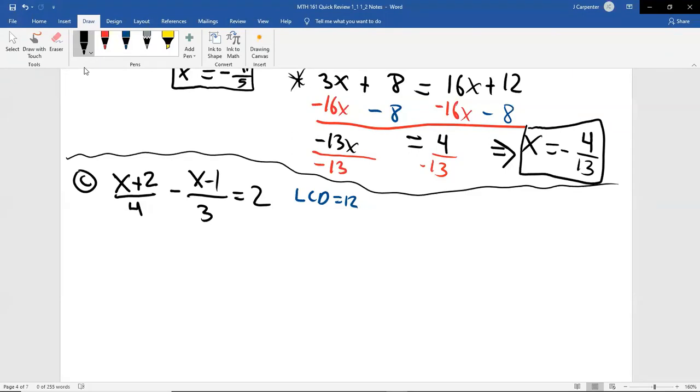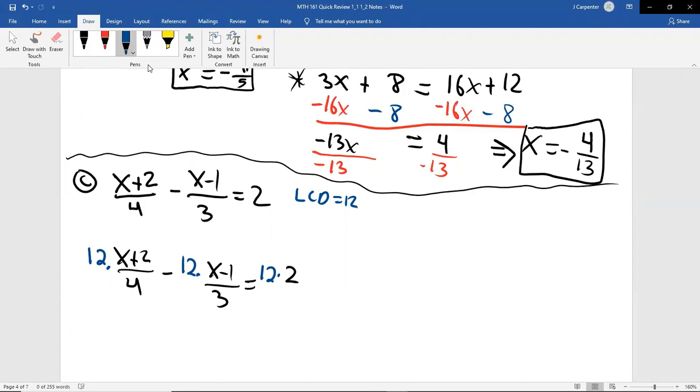Those are the things that are getting multiplied by the 12. So this x plus 2 over 4 minus, I'm going to leave some space, x minus 1 over 3 equals, leave some space, 2. So we're taking the 12 times this fraction, the 12 times this fraction, and the 12 times this 2. Again, the basic idea here is I've multiplied both sides by 12. Whatever I do to one side, I do to the other, not breaking any rules of algebra.